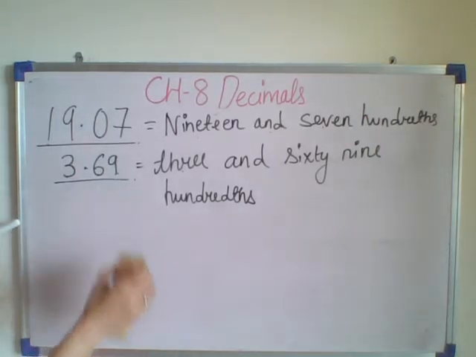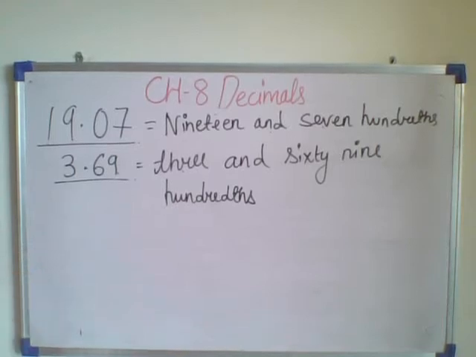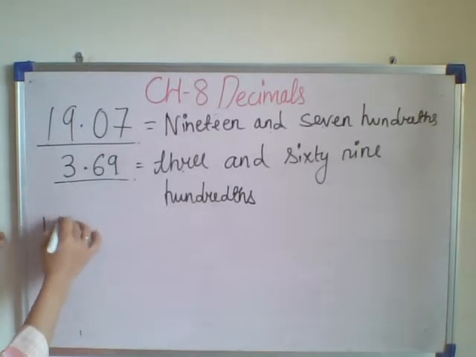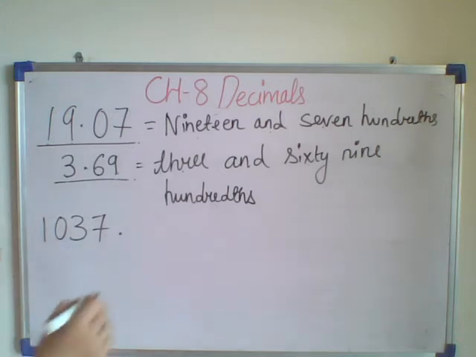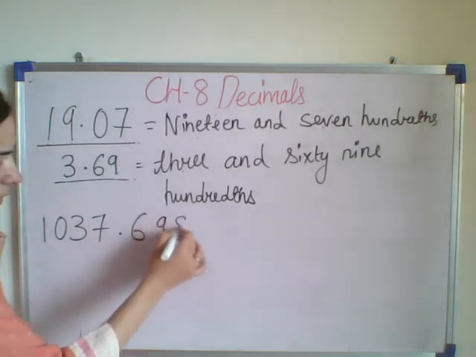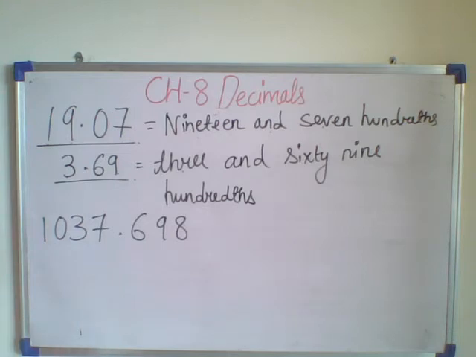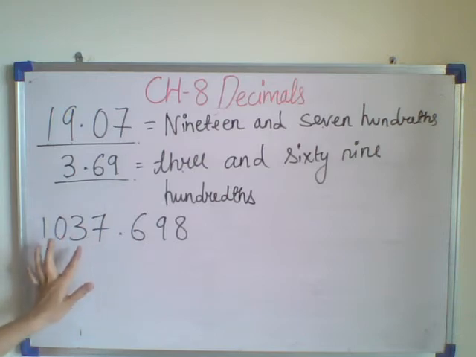Let us take some larger number, that is 1037.698. How I will be writing this number? See how many before the decimal, ones, tens, hundred and thousand. So how? First of all, write the number before the decimal.